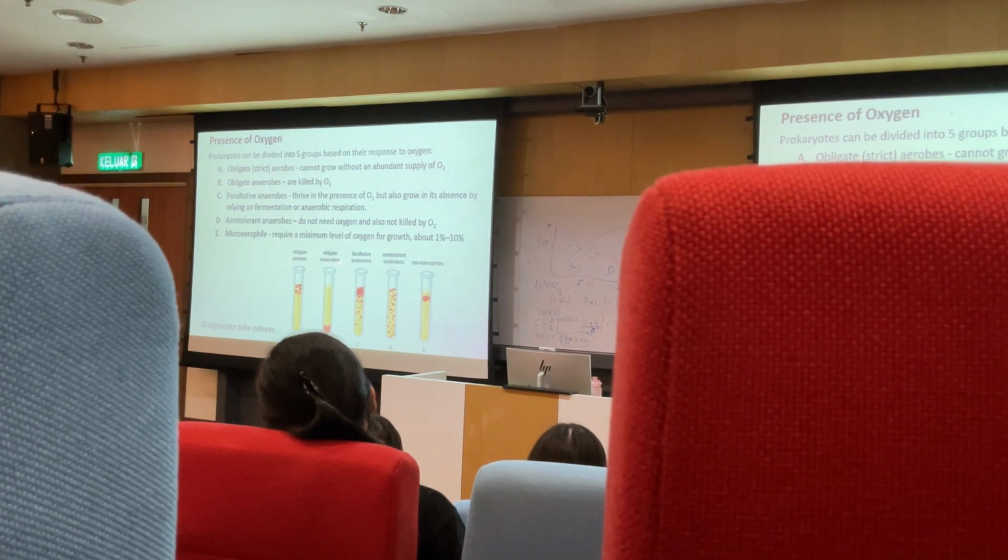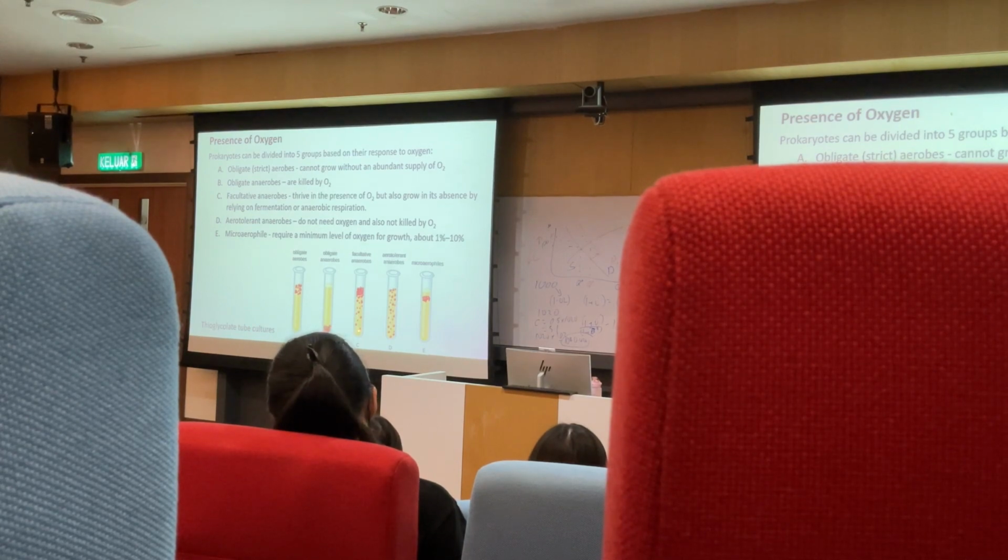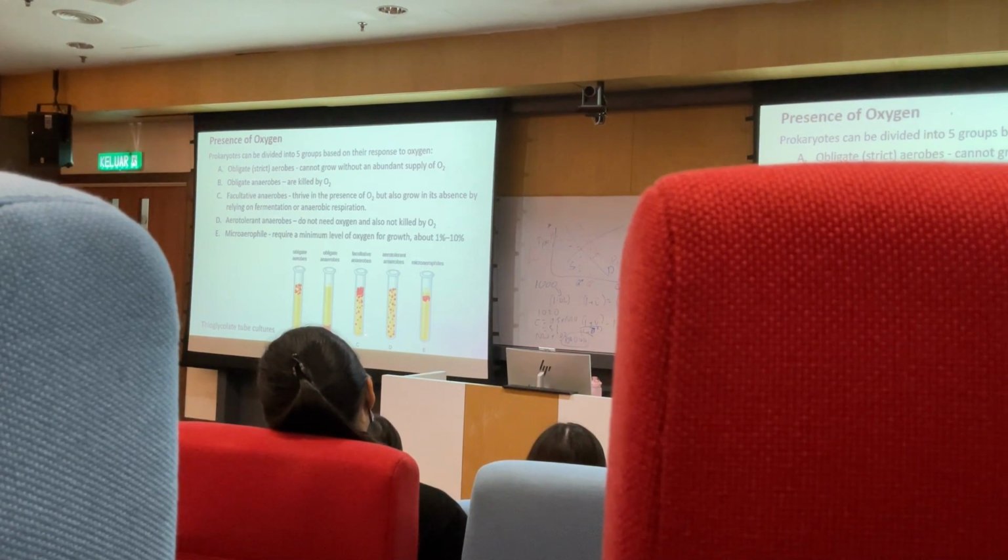Obligate anaerobes, they totally cannot tolerate oxygen, so we found them at the bottom of the tube. Facultative anaerobes, they utilize oxygen, but they do not really need it to survive. So they have more of them here, but slightly less dense at the bottom.